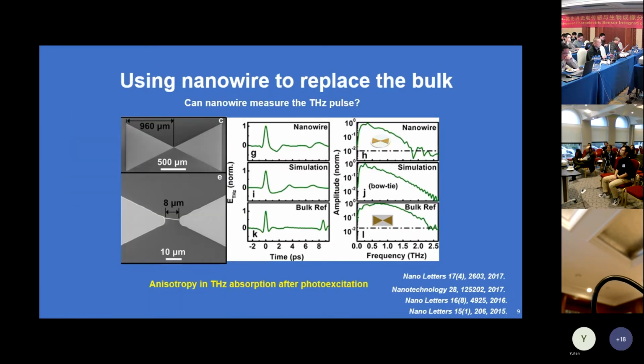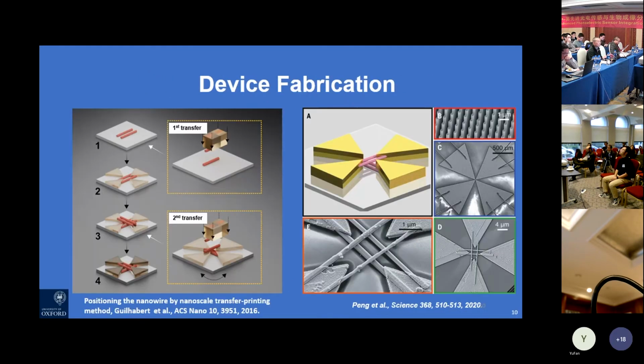Okay, next. This is the final structure of our nanowire terahertz detector. To achieve this device architecture, we need to address two challenges. One is how to precisely position the nanowire in the detection channel with the wanted orientation.